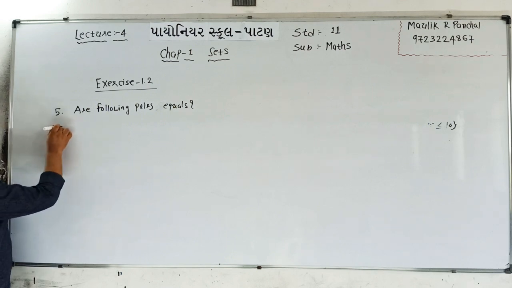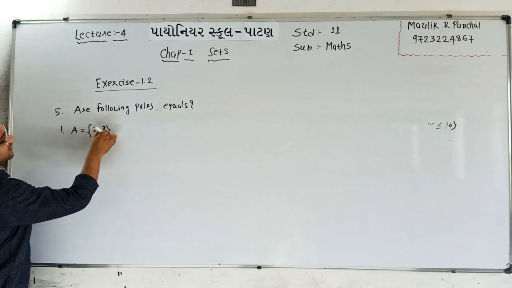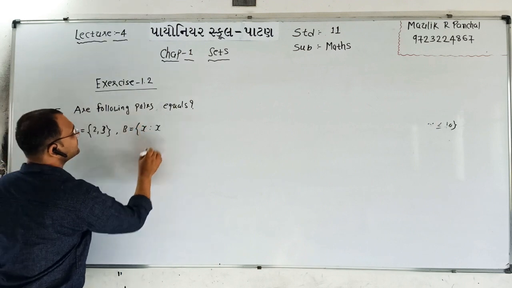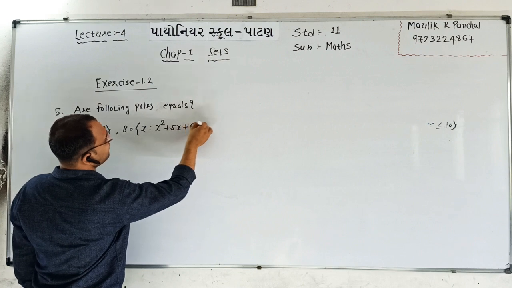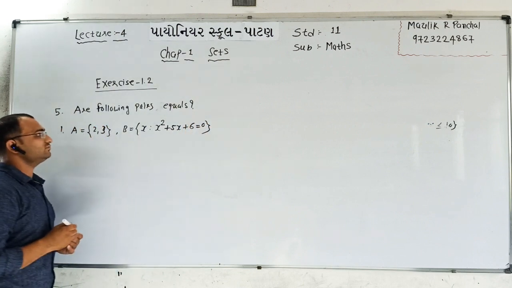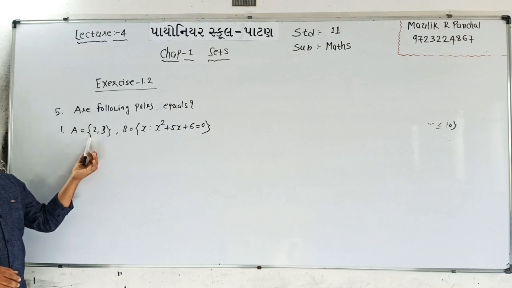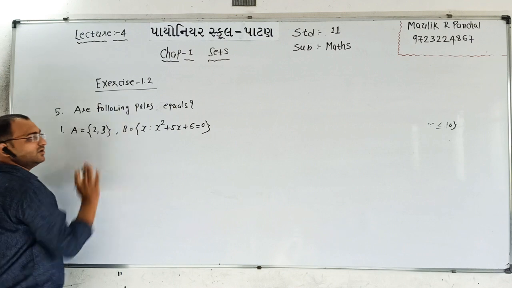First, A equal to {2, 3}, B equal to {x such that x square plus 5x plus 6 equal to 0}. In the first question, A is in tabular form but B is not in tabular form. First, find B in tabular form.